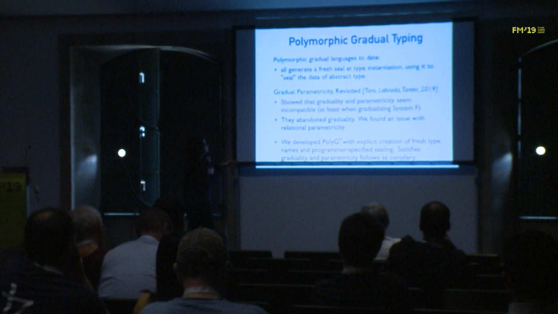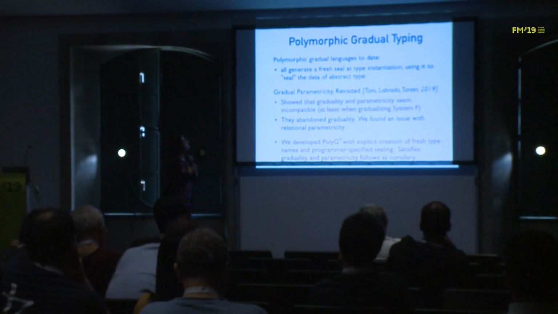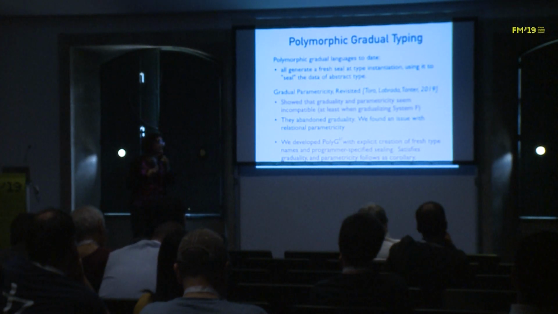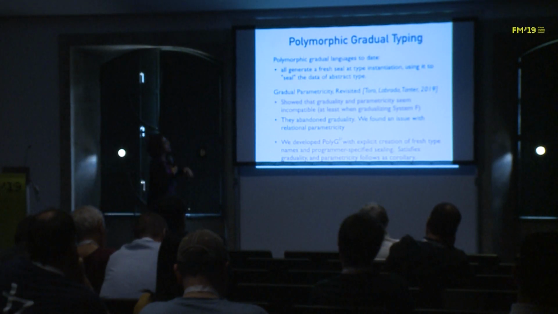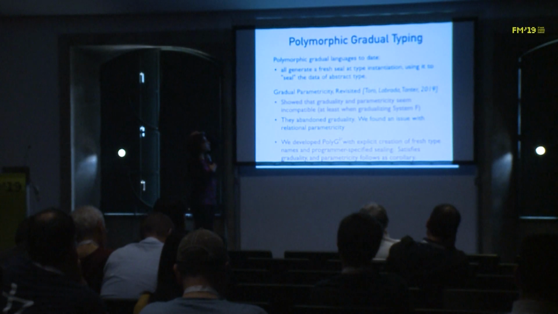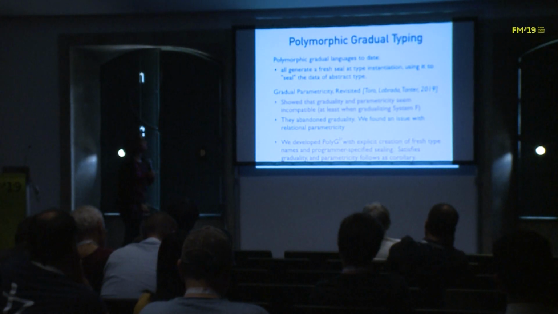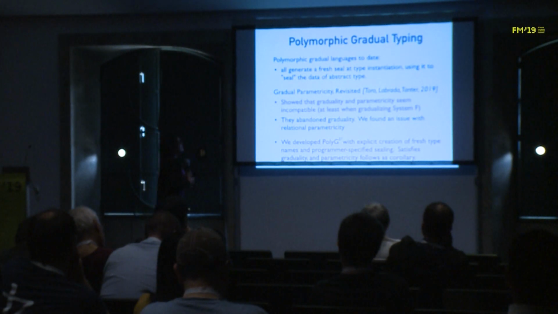Now, last year there was this paper at POPL 19 by Eric Tanter and his students Matías Toro and Elizabeth Labrada, which was called Gradual Parametricity Revisited. And this paper actually showed that graduality, the gradual guarantee, and parametricity seem to be incompatible.